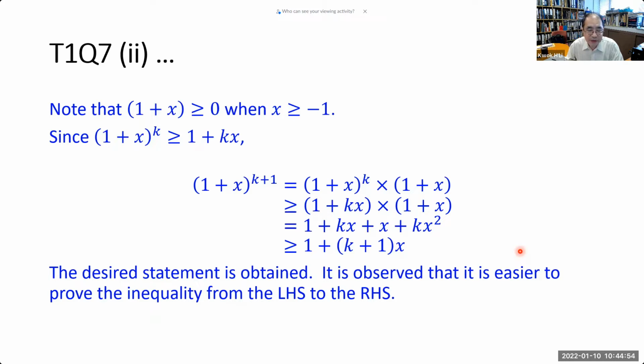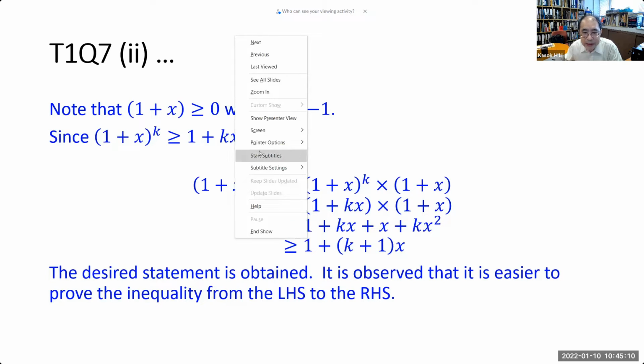Most of them are correct, but some of them gave me a very difficult time. They may do it like this, very creative.